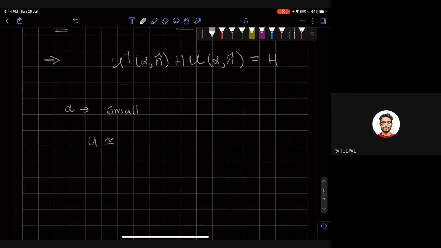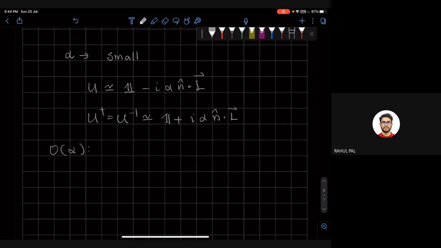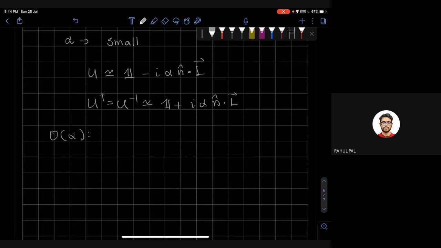The first term of U would be 1 because it's an exponential, and then we will have i alpha n dot L. Then U dagger, which is equal to U inverse, will have the expansion 1 plus i alpha n dot L. If I look at this equation up to order alpha, I get that this implies that H will commute with alpha n dot L.